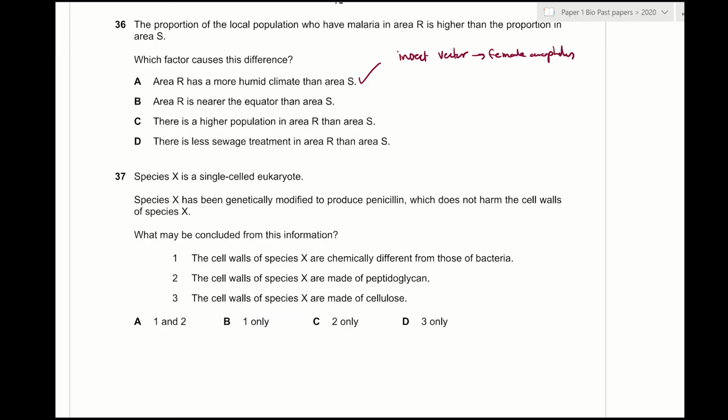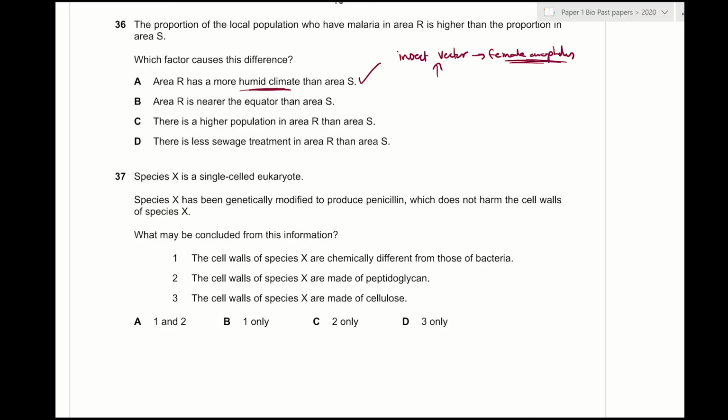And as we all know, Anopheles always favor humid climates. Therefore, an increase in the insect vector makes it more likely that malaria is transmitted even more. And more people have malaria in the area that has a higher proportion of female Anopheles. Therefore, A is correct. Let's see the rest.